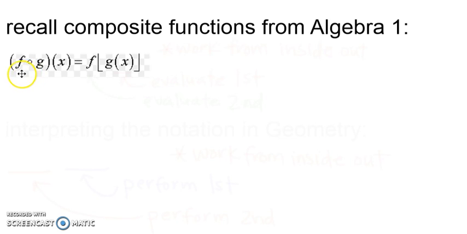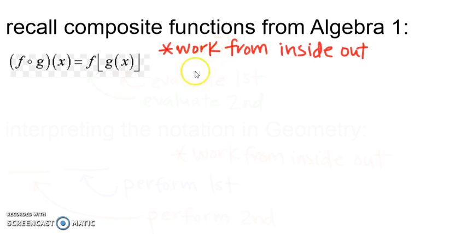So you would read this f of g of x, and you would read it the same here, f of g of x. Whenever you're doing these functions, you would always work from the inside out. So you would plug g of x into f of x, and you would evaluate this part first and then move out and evaluate the function f.